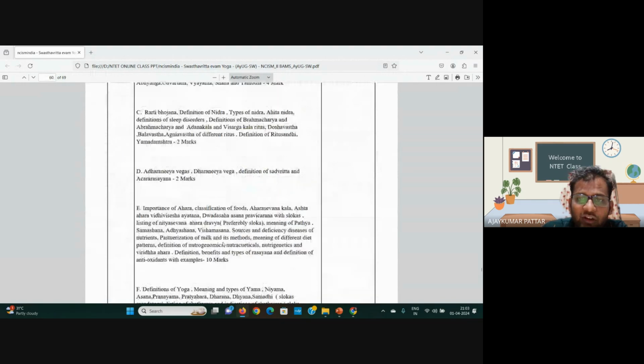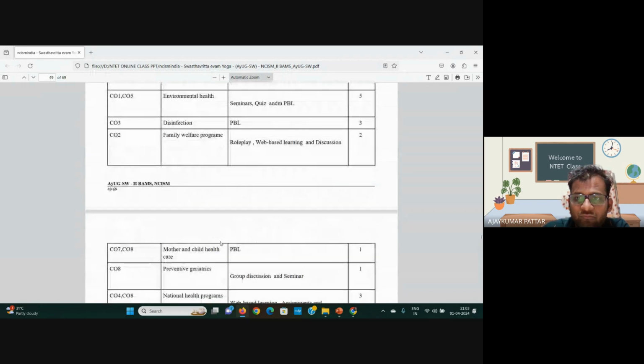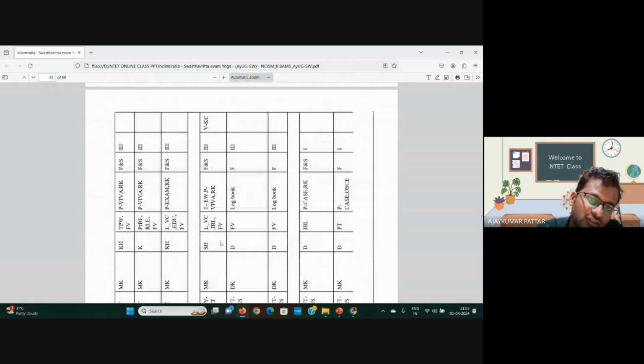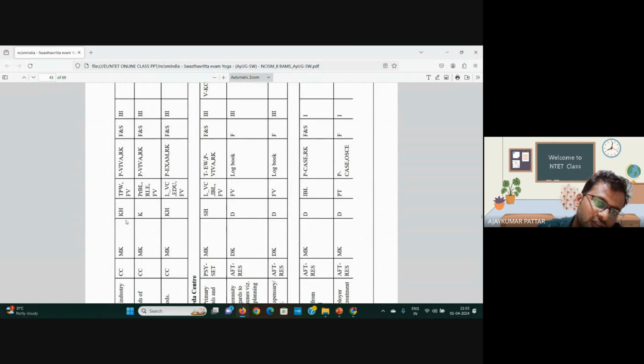Just another thing I want to highlight. Wait for 1 minute. Another thing we have to know. How to rotate this one?